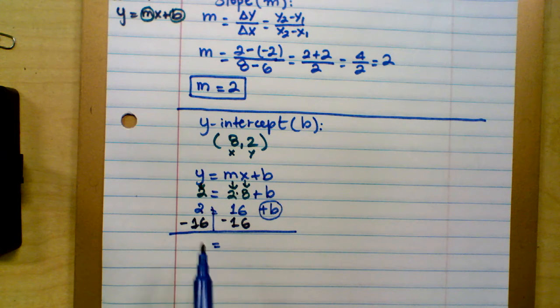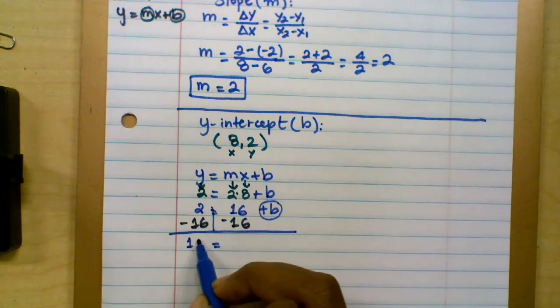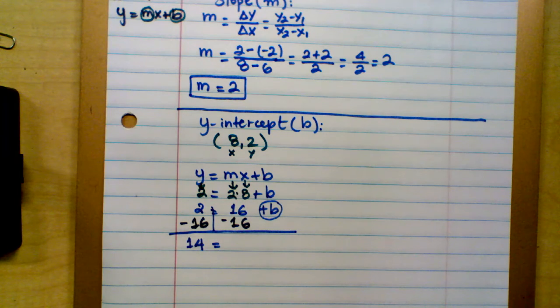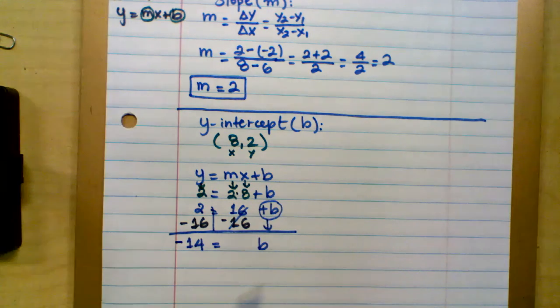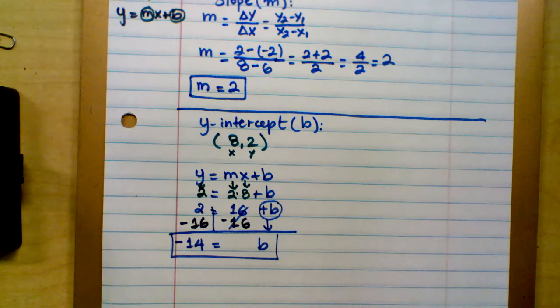So we subtract: 16 minus 2 is 14, and you keep the sign of the bigger number. The bigger number here is 16, and 16 is negative, so you write negative here. Those two cancel, and you bring down the b. So we know that b is negative 14.